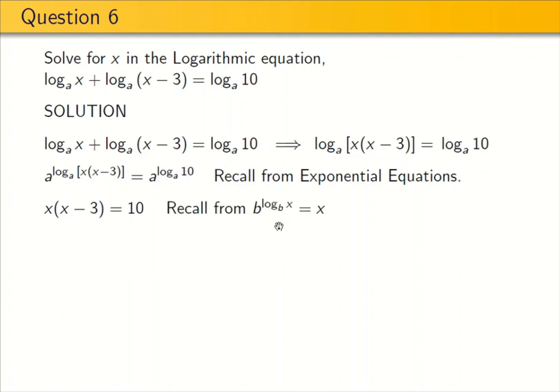So comparing this and that, you can see that the base here is the same as this, likewise this one, and the whole of this side is equal to x times x minus 3, and the whole of this side is equal to 10. Now I expand and I'll get something like this.